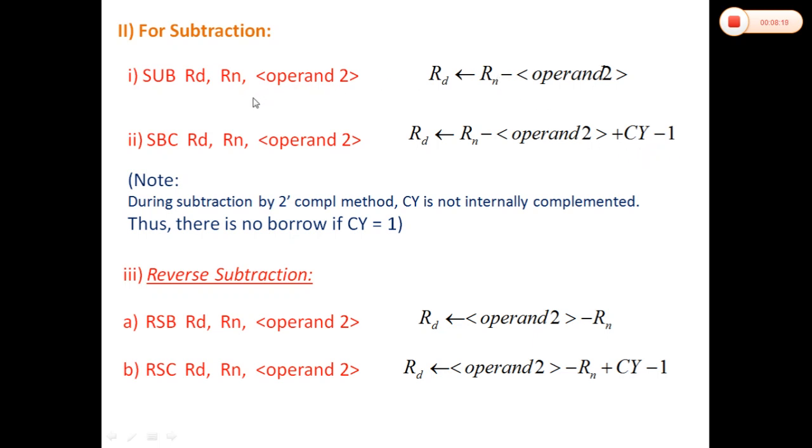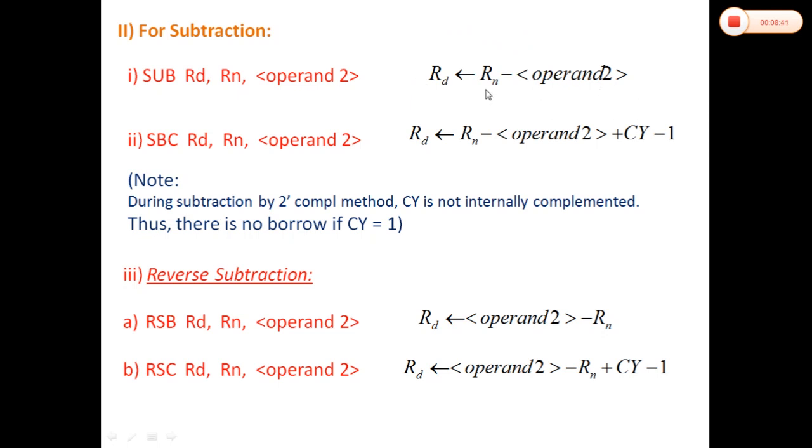You know, when a subtraction is performed by an instruction, it is performed using the 2's complement method. The 2's complement of operand 2 is added to Rn and the result is stored in Rd. So that is actually the subtraction.